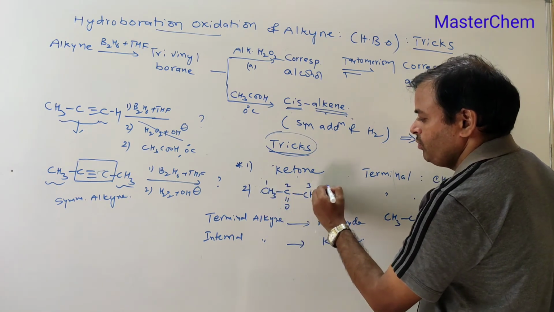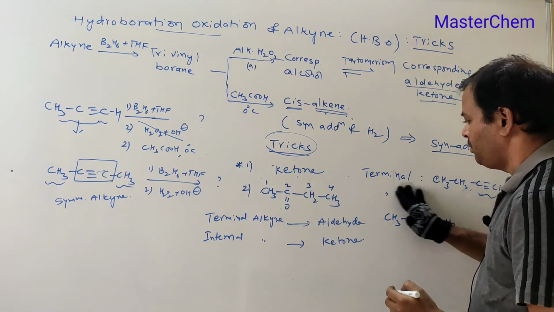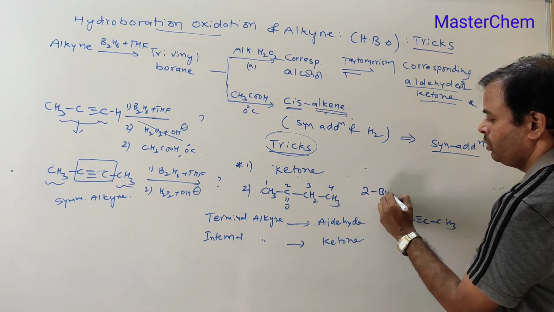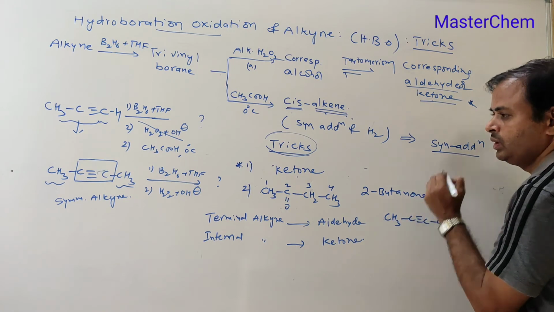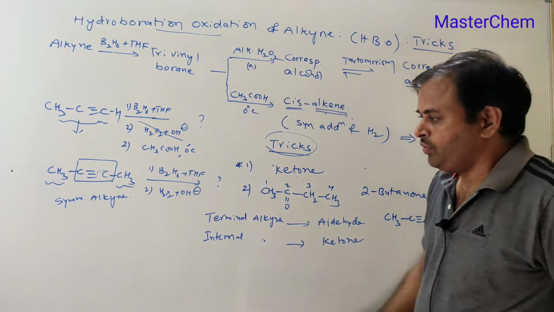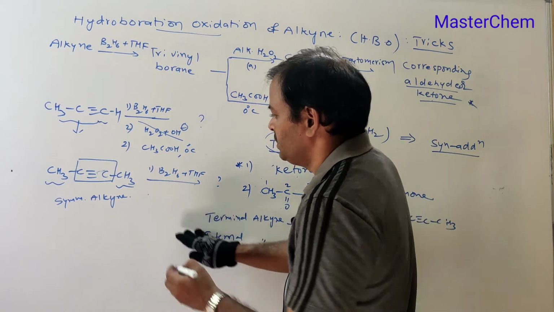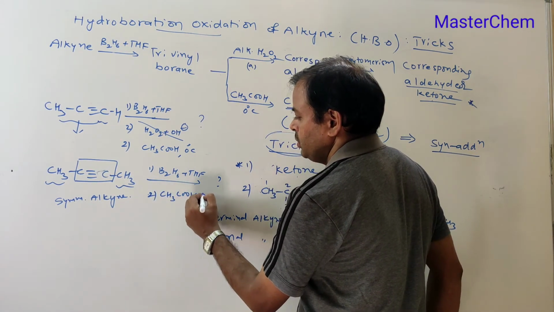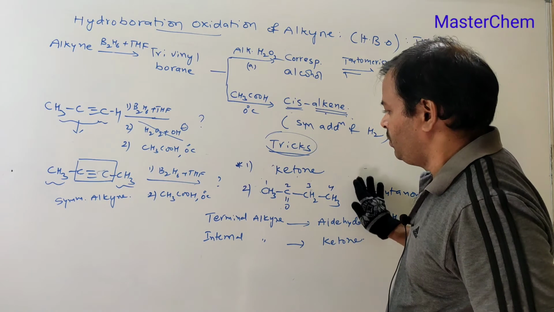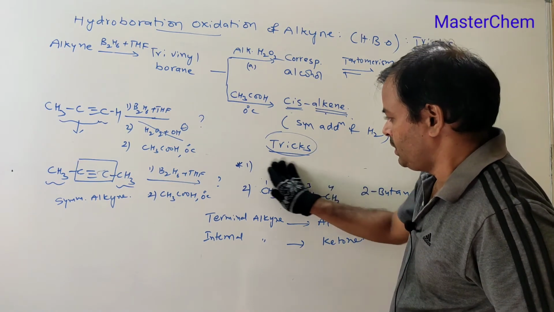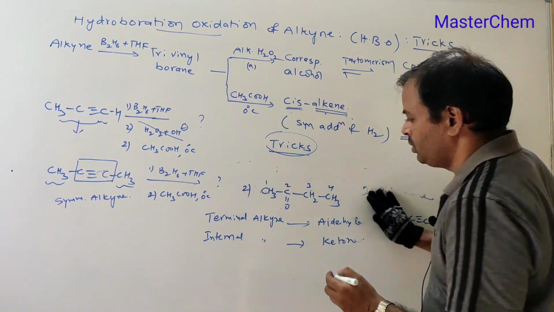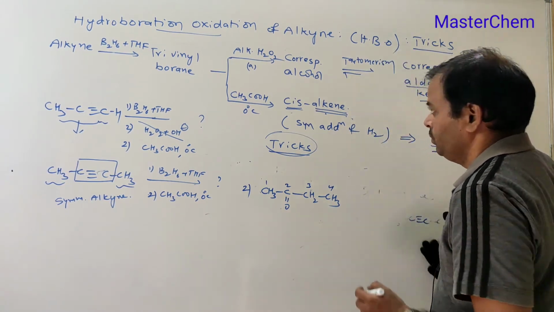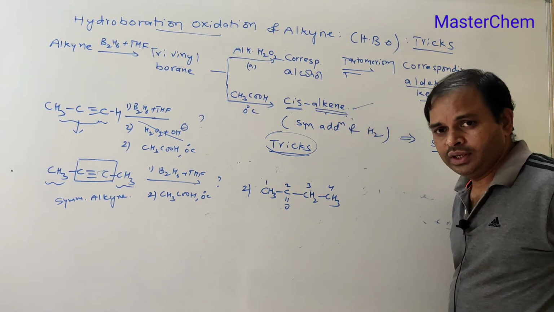1, 2, 3, 4. What is the name of this compound? 2-butanone. Okay, if the second one is replaced with CH3COOH, 0 degree centigrade, now what is your answer? With CH3COOH, only one product option, that is alkene.